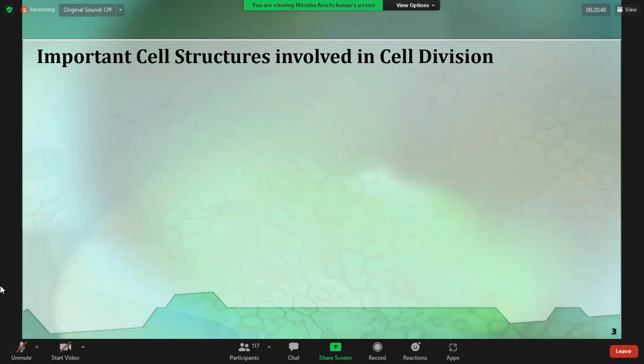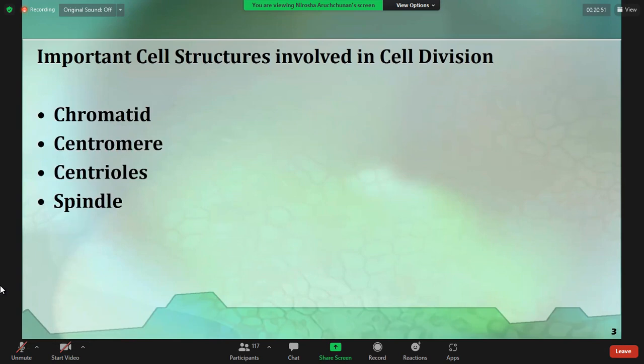Here I'm going to discuss the cell structures: chromatid, centromere, centriole, spindle. Quickly think about these structures. I think the first three we have discussed earlier, but spindle is a new word for you in this discussion.